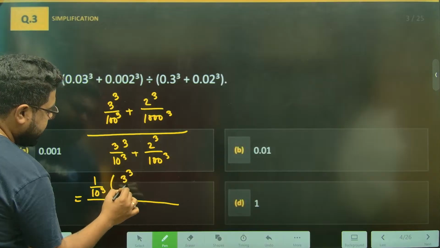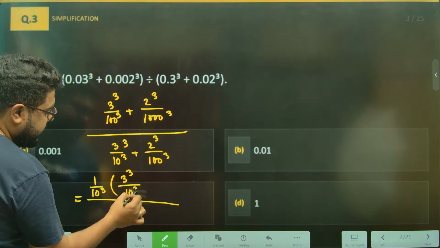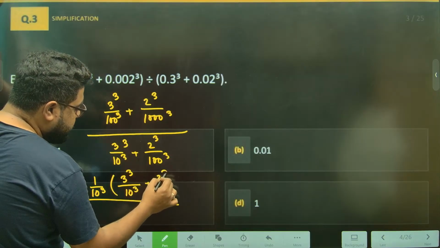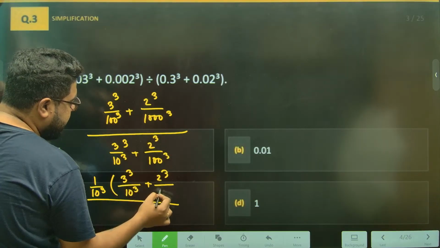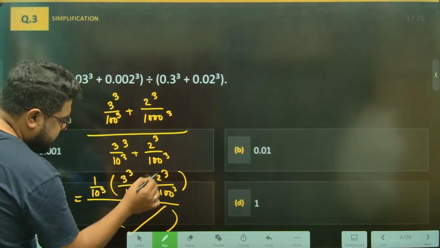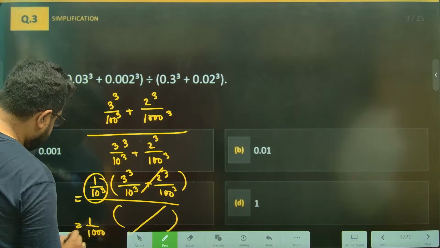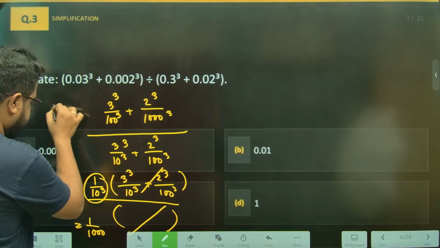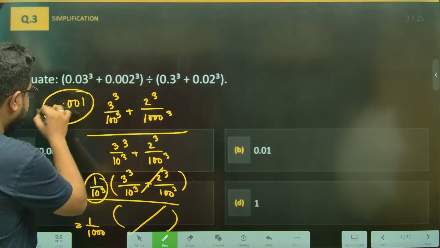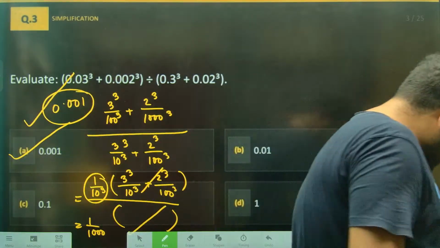So I have 3 cube by 10 cube, and 2 cube by 100 cube. The denominators are the same and will cancel. My answer is 1 by 1000, that means 0.001. That's your answer. Option A is the correct answer.